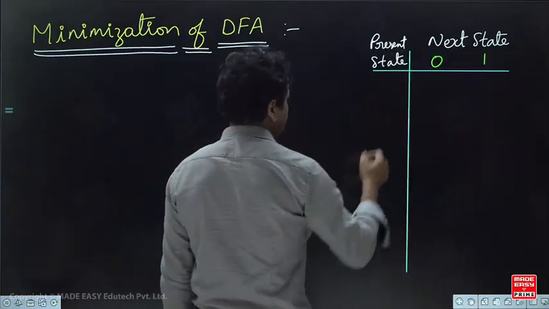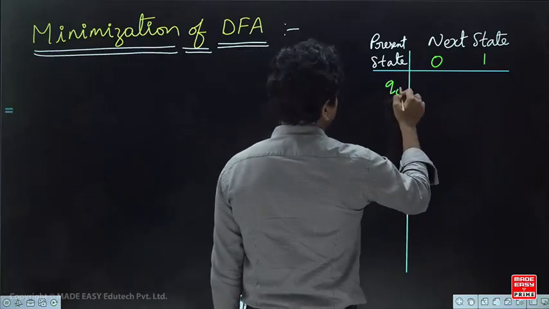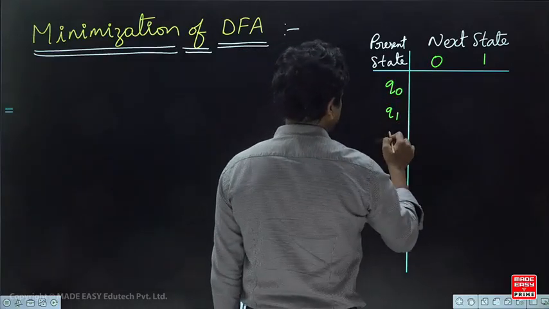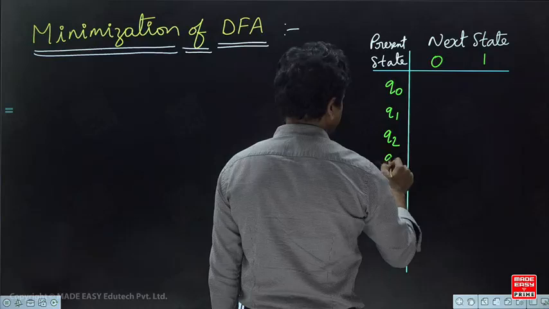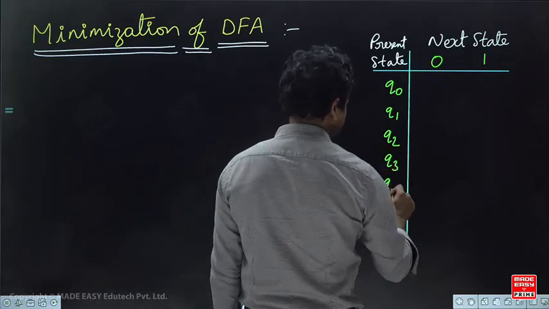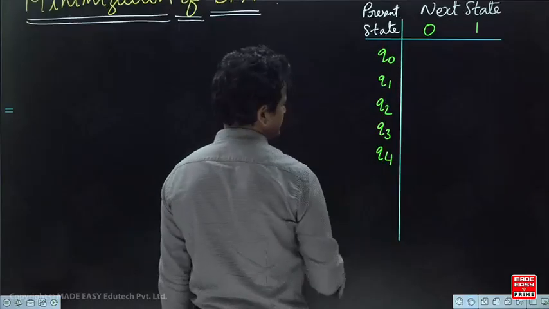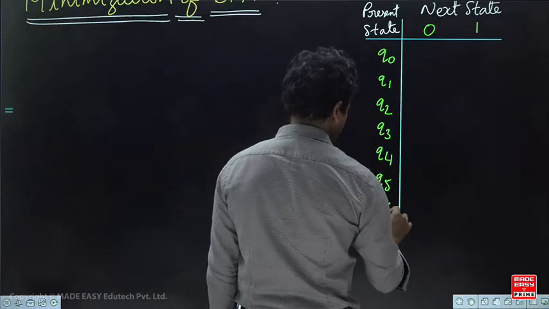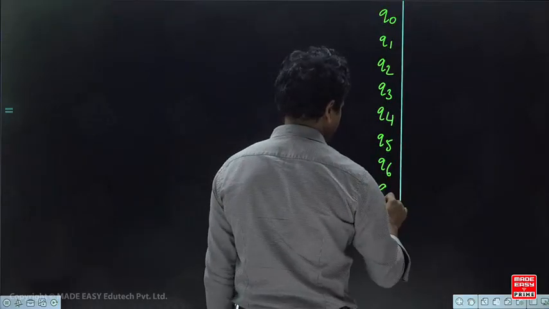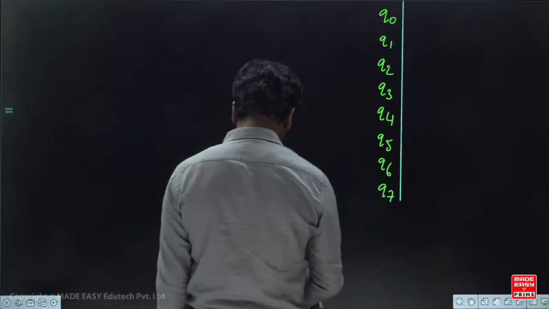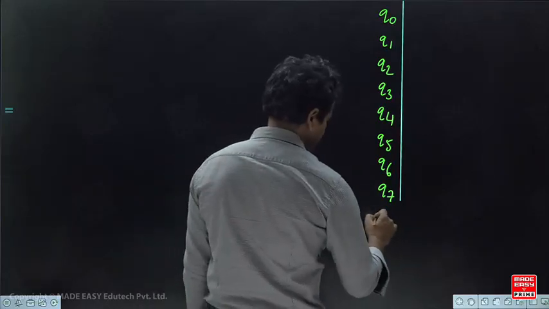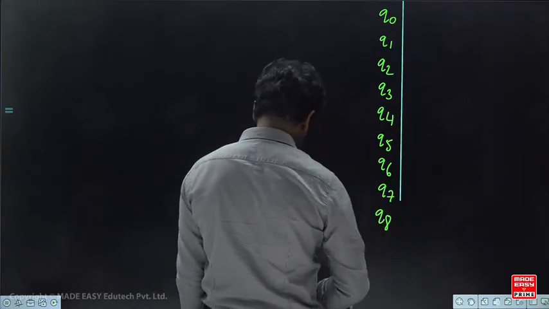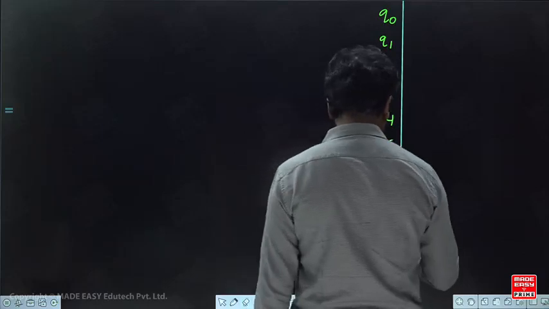So guys, copy this. Q0, Q1, Q2, this is a little bit lengthy, but I'll make it very clear. Q4, Q5, Q6, Q7 and Q8.